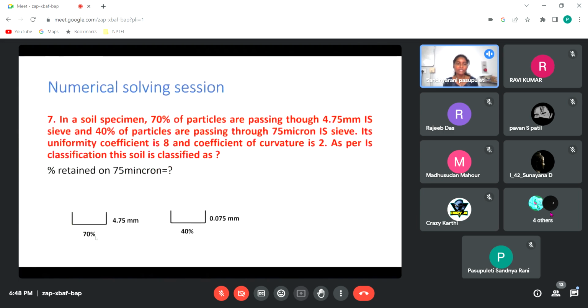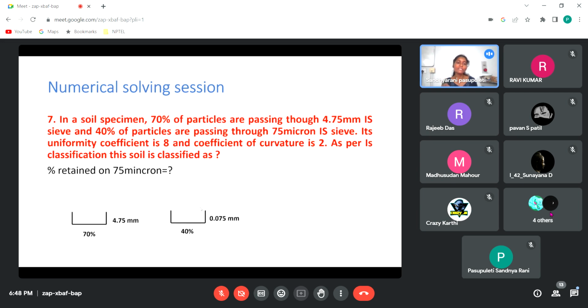So you can see here the given information is 70% is passing 4.75, 40% is passing 0.075 mm. Now we need to understand how much is retaining. So if the percentage retained on 75 micron is more than 50%, then I can directly say that whatever the soil is sand.